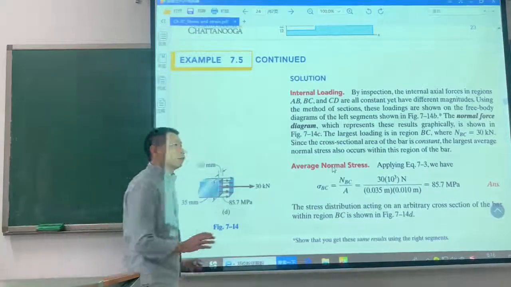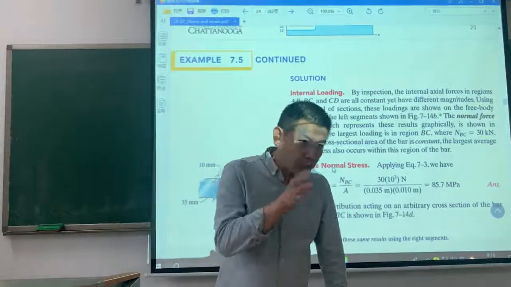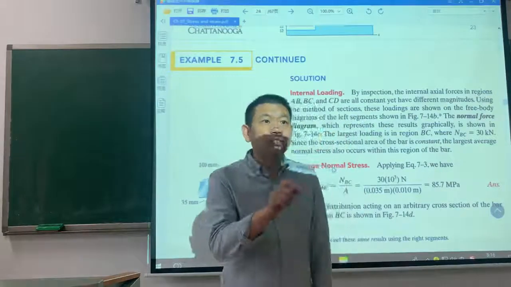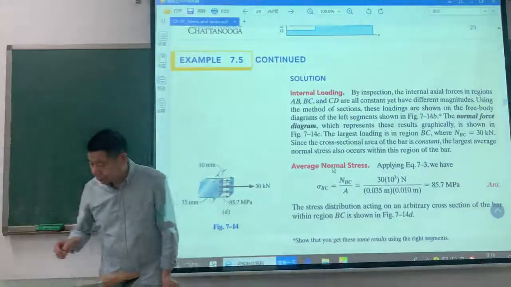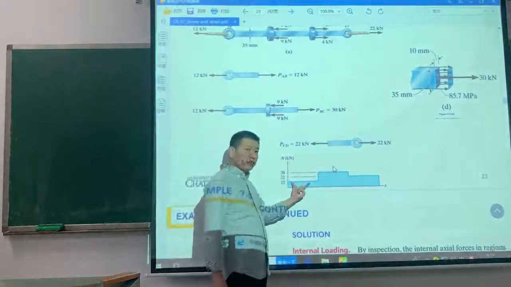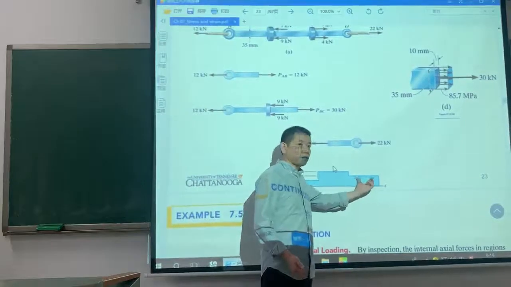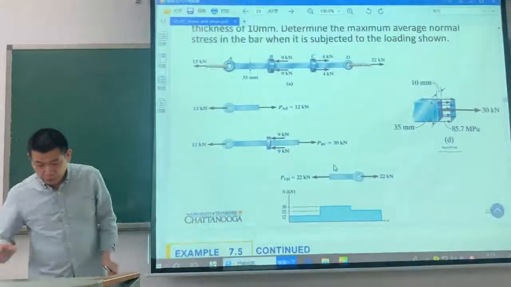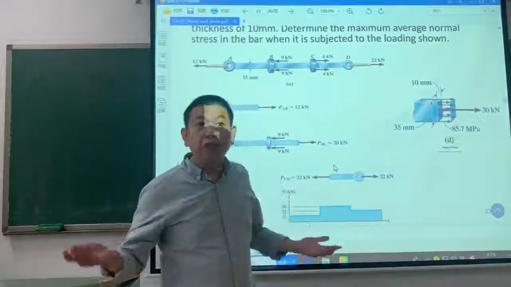If a problem asks you to find the stress, it always means asking you to find the largest stress. It means for this problem, the stress in segment AB or the stress in segment CD, we didn't find it because we don't care about it.